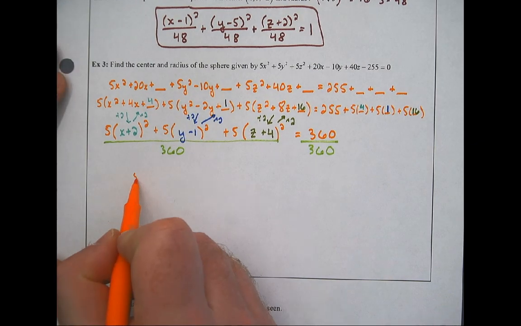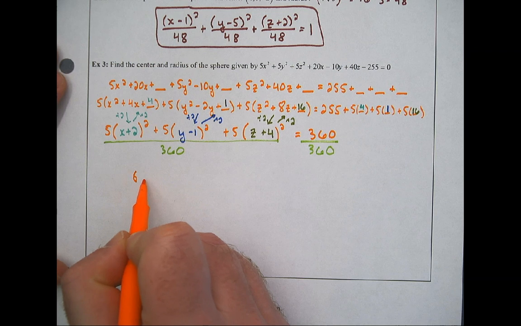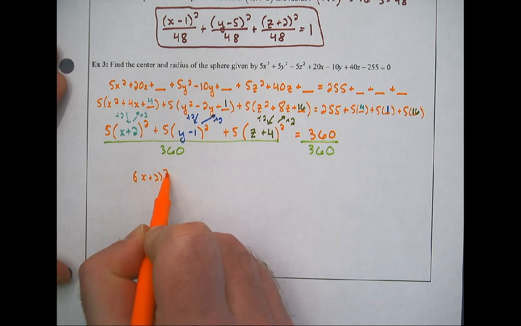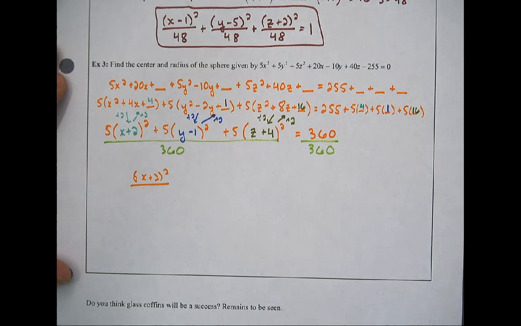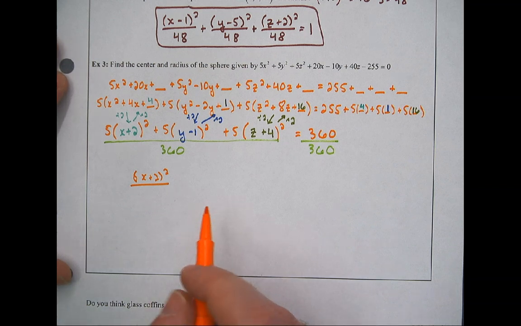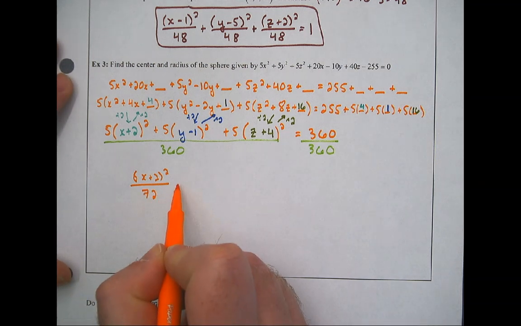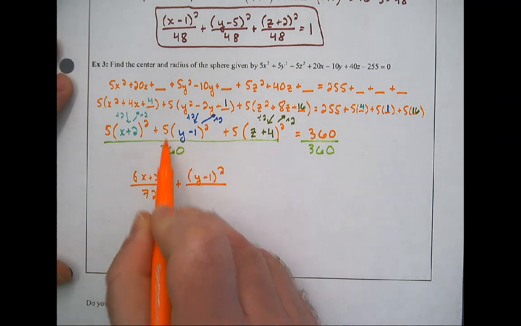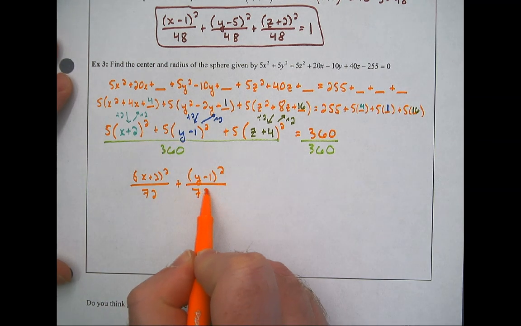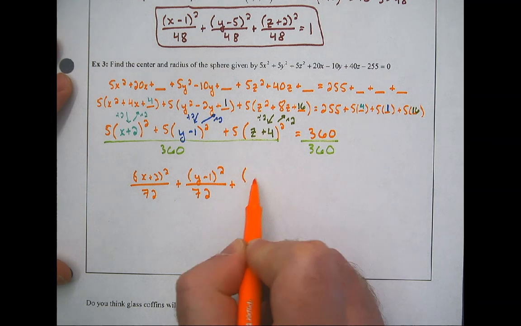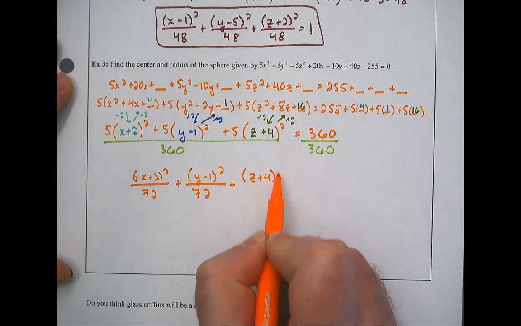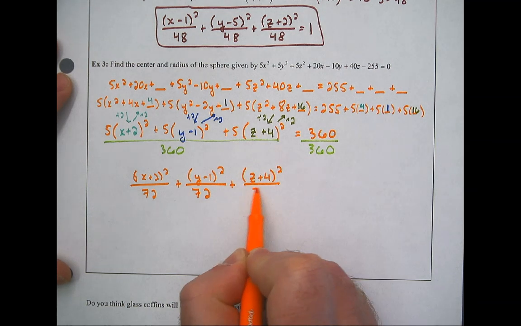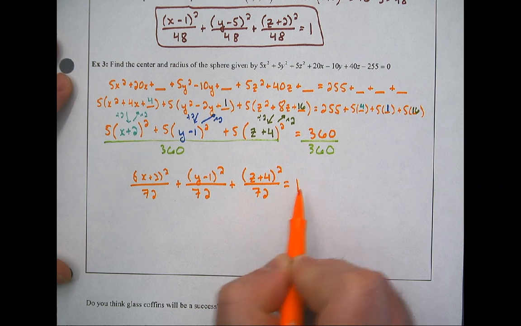So I would have the quantity of x plus 2 squared over 360 divided by 5 is 72. Plus y minus 1 squared over the 5 and the 360 reduce again. I get another 72. Z plus 4 squared reduces again to be the 72, and that equals 1.